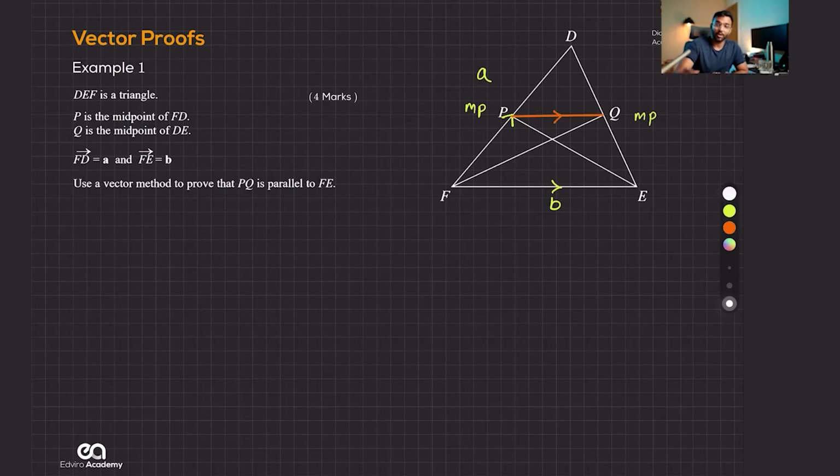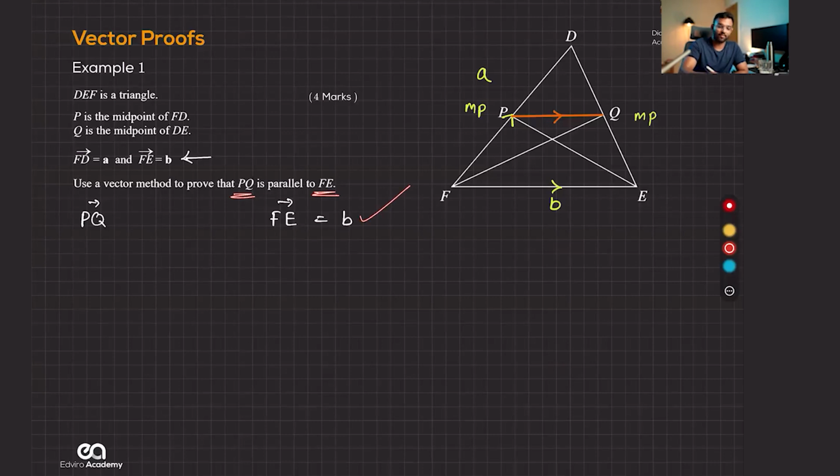Simply put, you got to find out what is P to Q, and you need to find out what is FE. FE is already known to us. It's already B. Would you all agree, guys? FE is given to us right there. So what the question is indirectly asking you is to find what is PQ, because it's asking you to say PQ is parallel to FE.